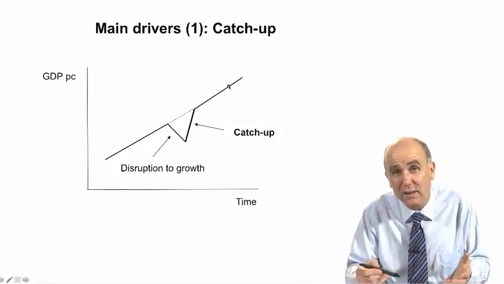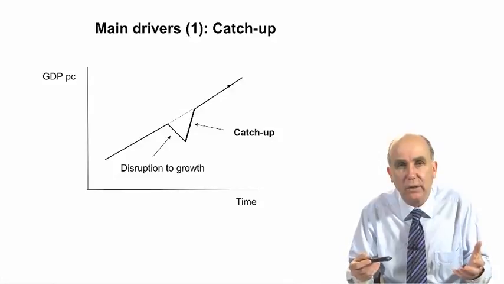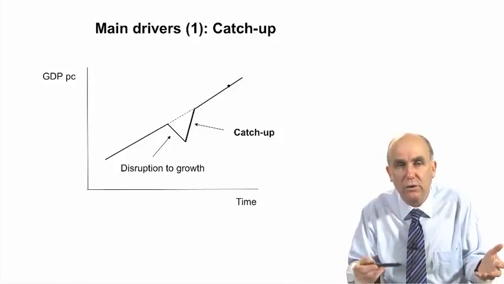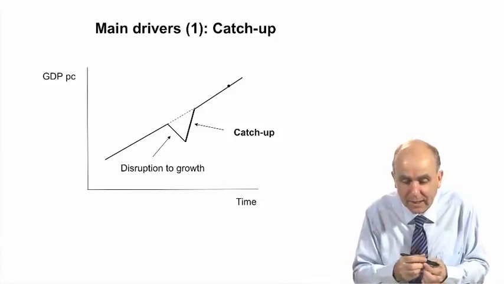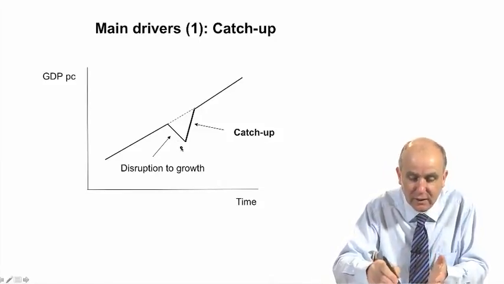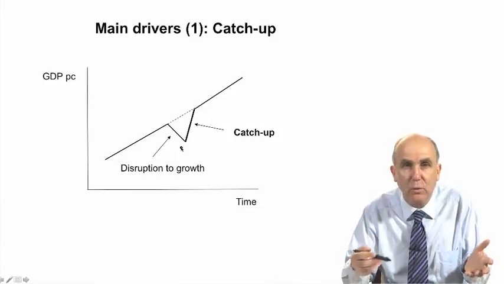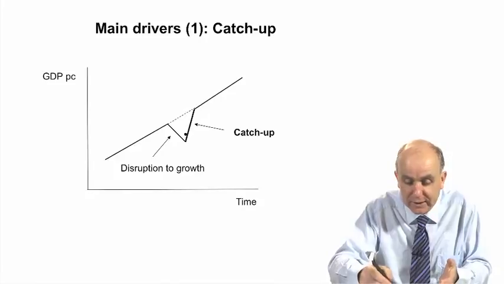But what happened was there was some disruption. For example, in the instance we're talking about at the moment, there was World War II, there was the Great Depression. After that disruption finishes, for example after World War II finishes, countries can move back to the path they were on.